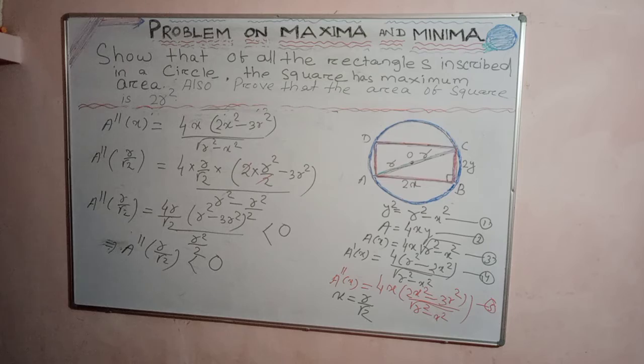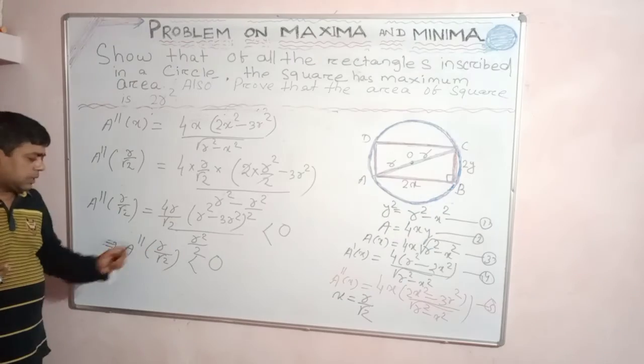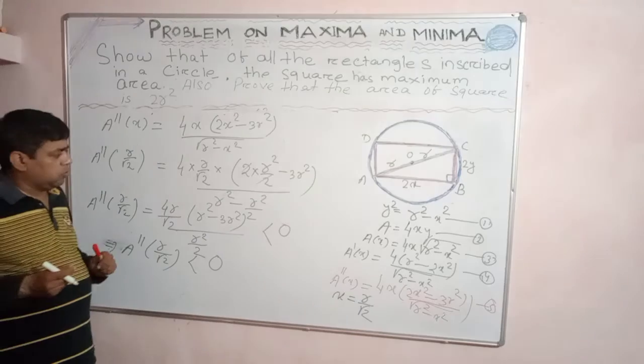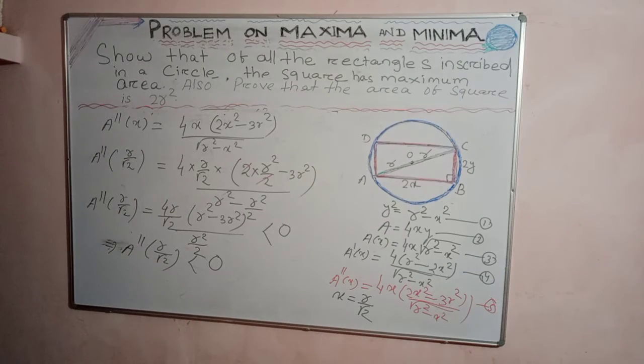So students, if A double dash x is less than 0 at the point x is equal to r upon root 2, it is clearly understood that the function is maxima.